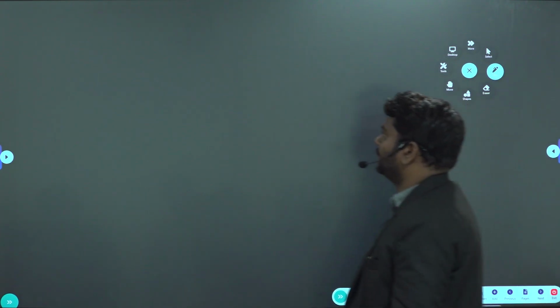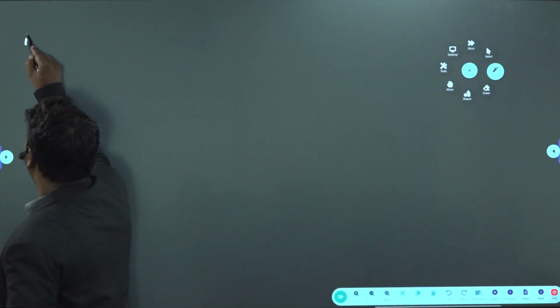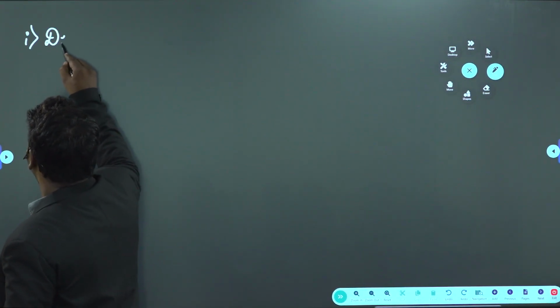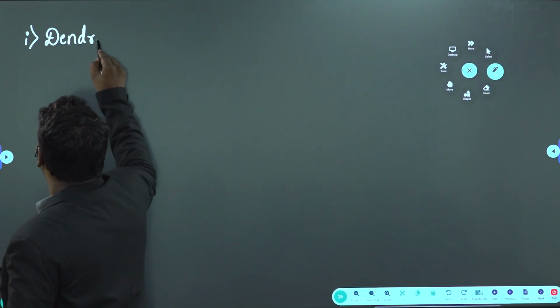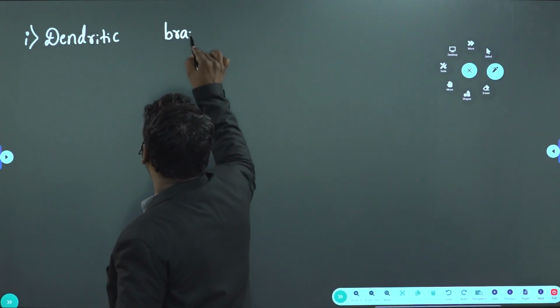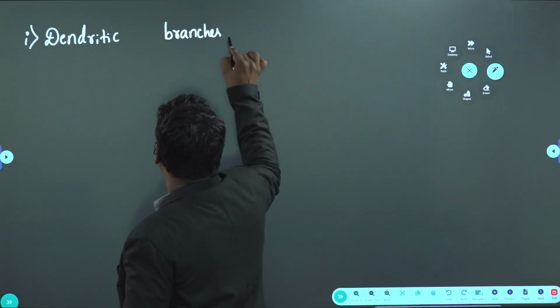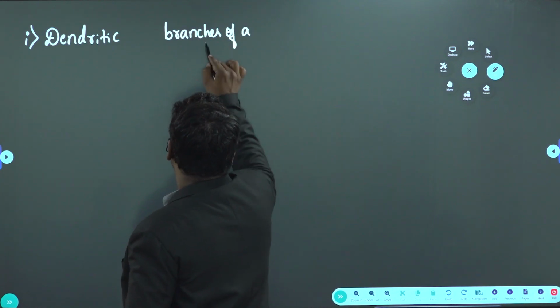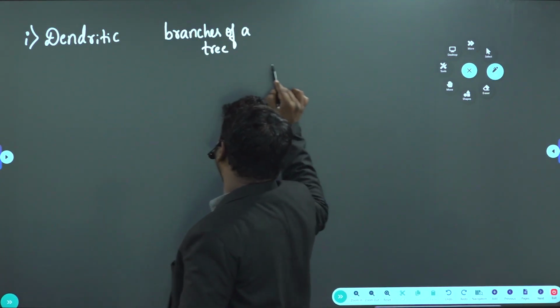Next, dendritic means branches of a tree.